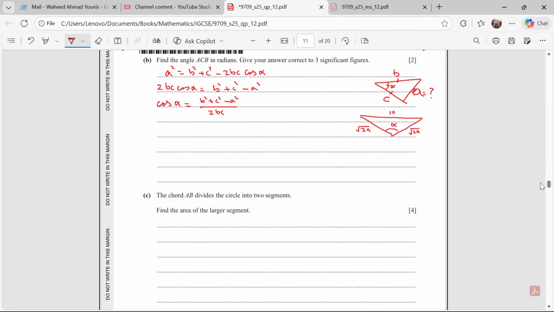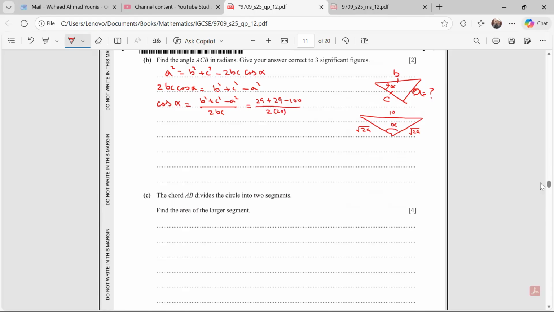So B squared will become 29, plus C squared is also 29, minus A squared is 100, divided by 2 times B and C. So square root of 29 times square root of 29 will become 29 only.